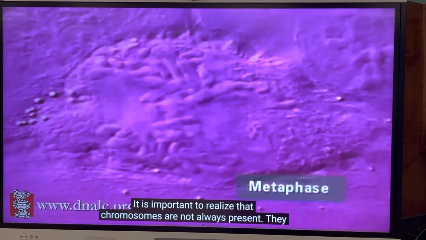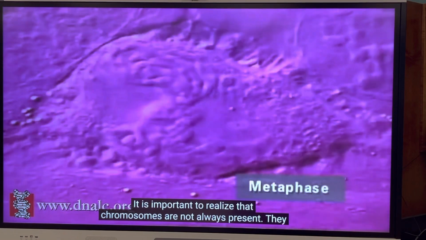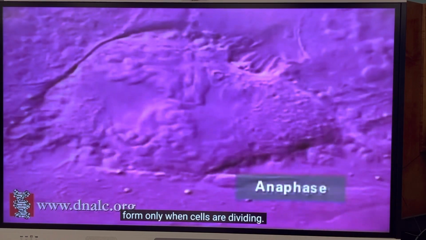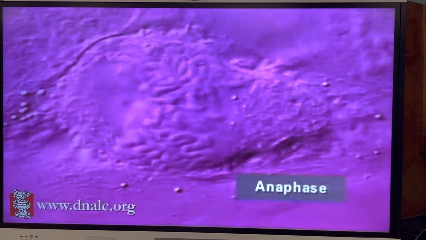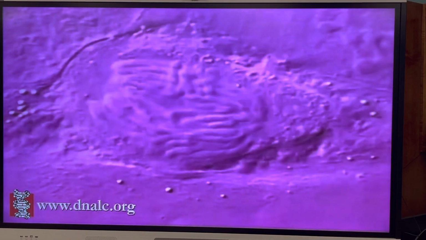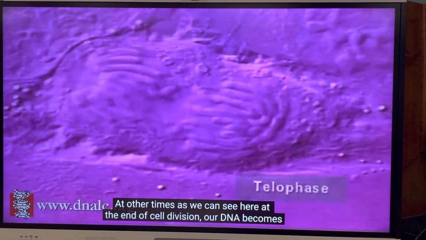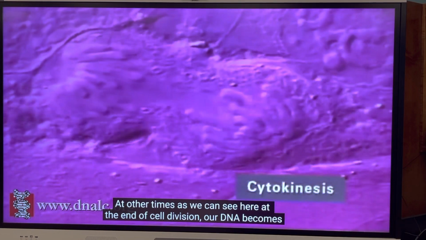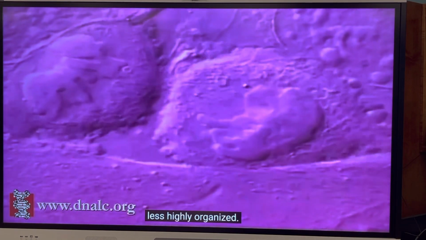It is important to realize that chromosomes are not always present. They form only when cells are dividing. We'll learn these words later. As we can see here at the end of cell division, our DNA becomes less highly organized.